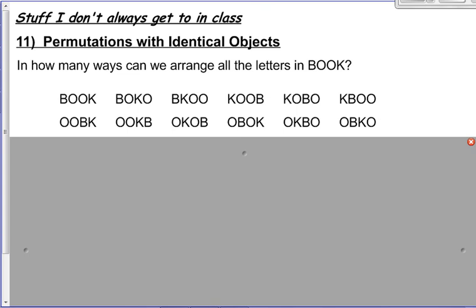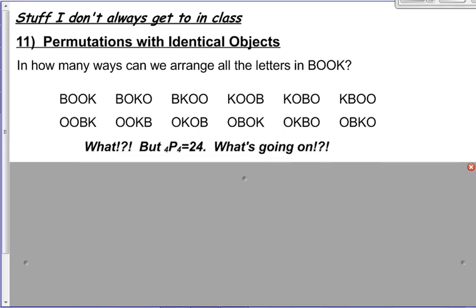So these are all the ways I can think of to rearrange the letters in the word book. We've got book, boko, baku, koob, kobo, kaboo, and so on. If you find another one, put it in the comments below. Here's the thing. We found 12, but if I went to my calculator and figured out 4P4, it would tell me 24.